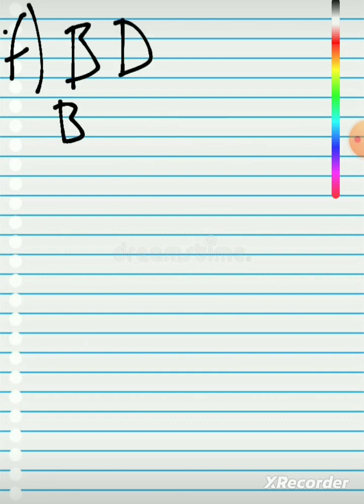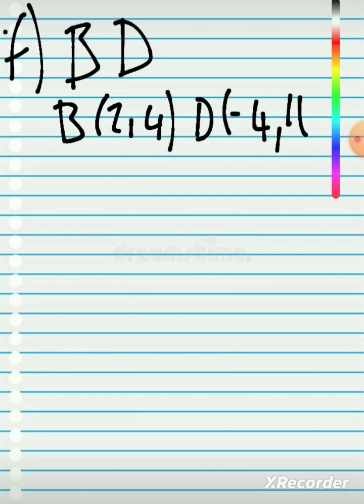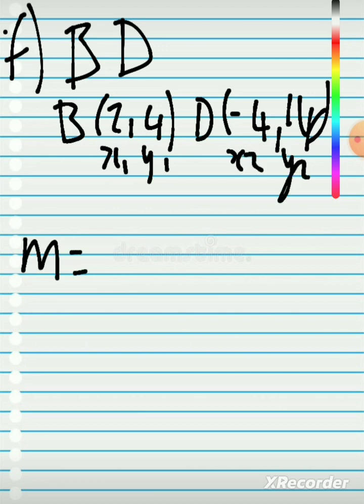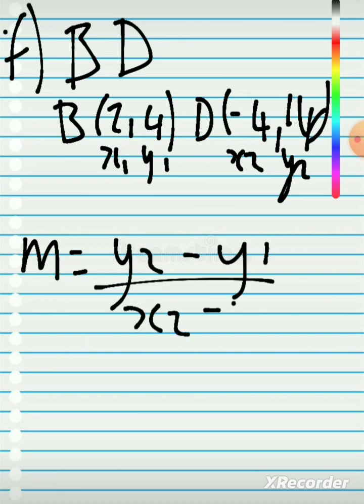We go to the last one, F, which has BD. So B is 2, 4, and D is -4, 14. Okay, so this is x1 y1, this is x2 y2. So gradient is equal to y2 minus y1 over x2 minus x1.